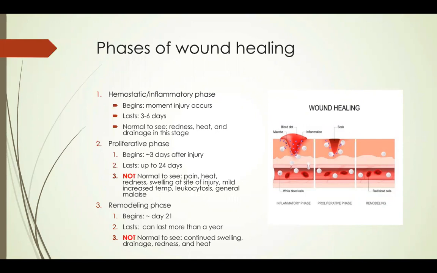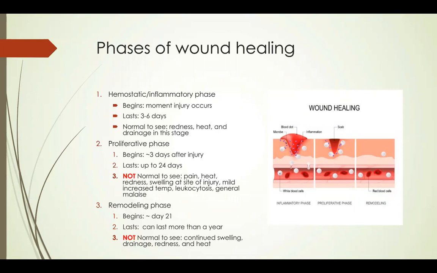White blood cells are cleaning the area. Then you'll start to have some formation of new keratin. You'll start to get new blood vessels formed. So what you really see here is redness, swelling, heat, sometimes drainage.